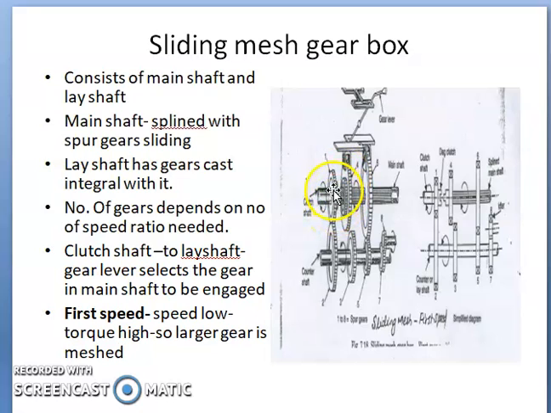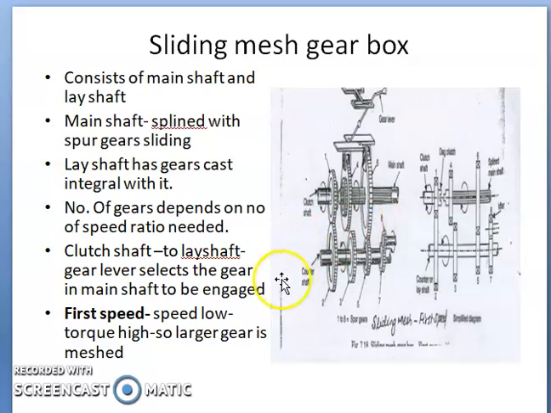The clutch gear is going to give the drive to the gearbox. You can see the gear shifting levers which help in selecting the gears and engaging them. Based upon the speed requirement, the shifting lever selects the gears and engages them with the spline.